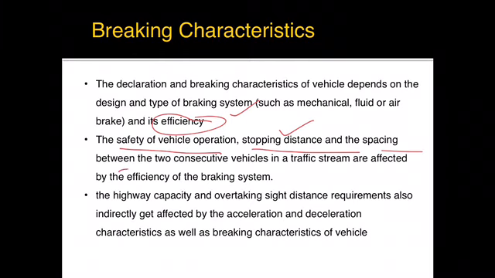Also, when maintaining the space between two consecutive vehicles, you require the braking characteristics and the efficiency of the brake. Highway capacity and overtaking sight distance requirements are also directly affected by the acceleration and deceleration characteristics of vehicles as well as the braking characteristics.